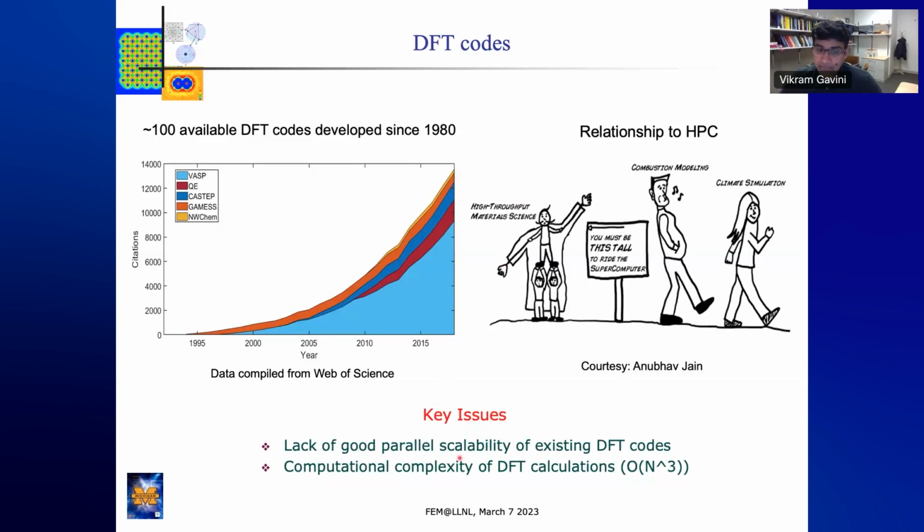So that limited parallel scalability in conjunction with this cubic scaling complexity essentially puts a lid on the accessible system sizes, and that limits our ability to go to more complex material systems and do DFT calculations on such systems.